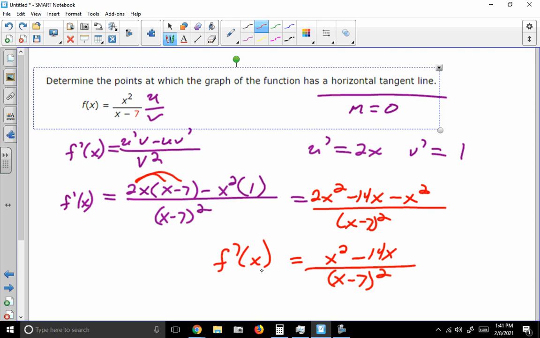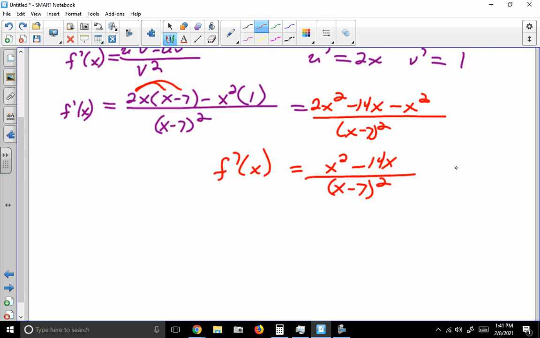Notice, even though this is not asked for, this function is not differentiable at 7. X can't be 7, because if we plug a 7 into that derivative, it's undefined. Not differentiable at 7.